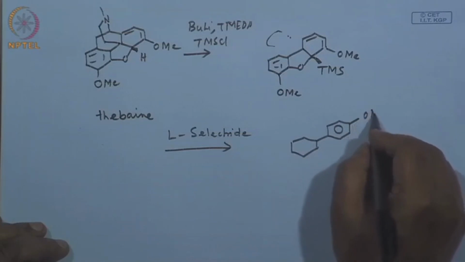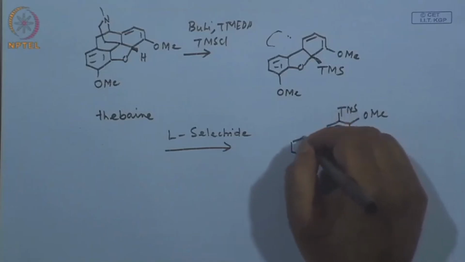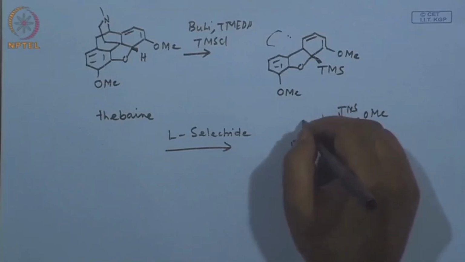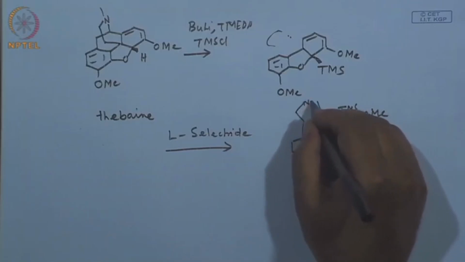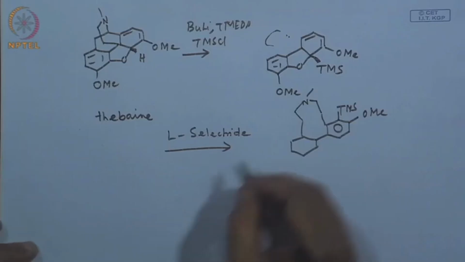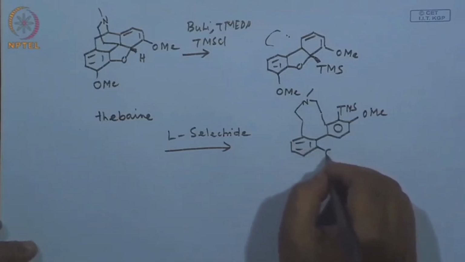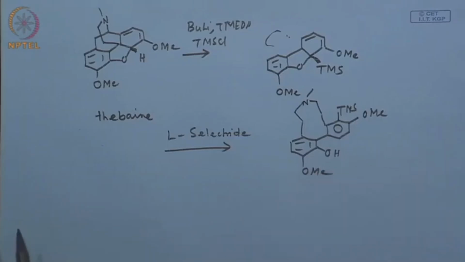This OMe, TMS, this, then this is a ring expanded product and OMe. You figure out the reaction. And L-Selectride, anybody knows?